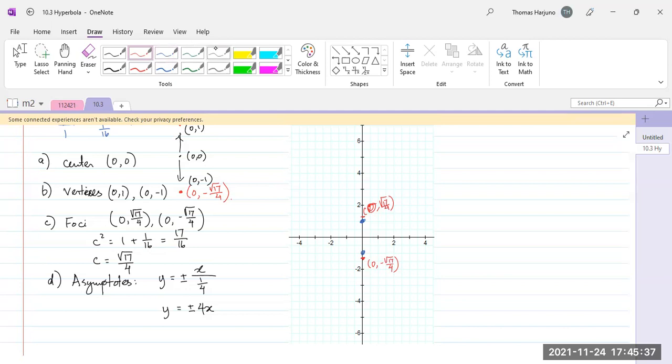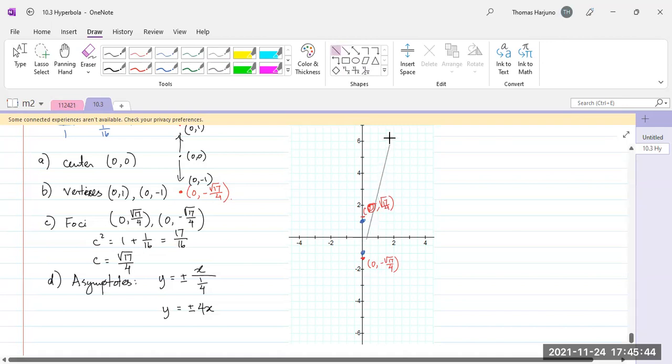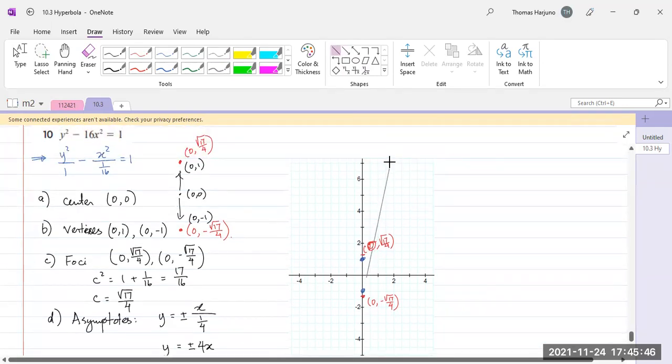Okay, and then how about the asymptotes? 4x. It's quite steep, huh?